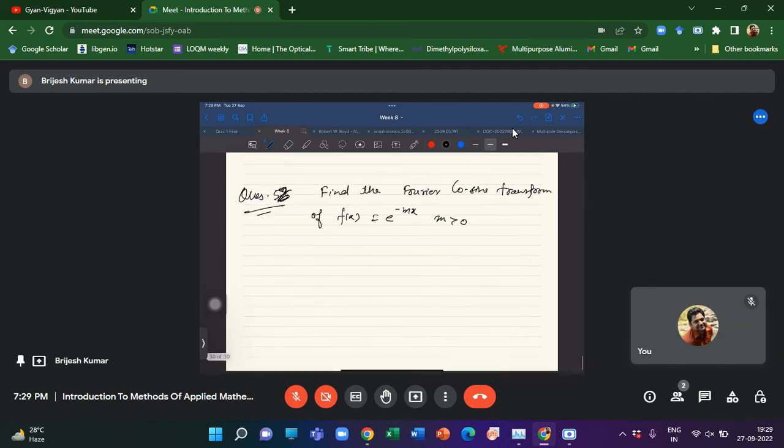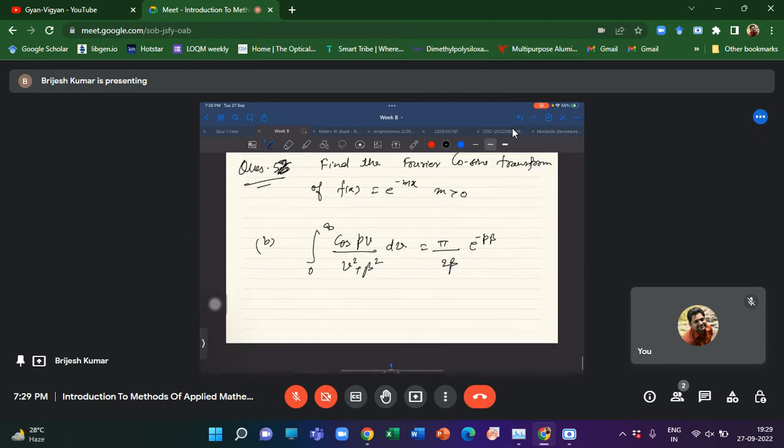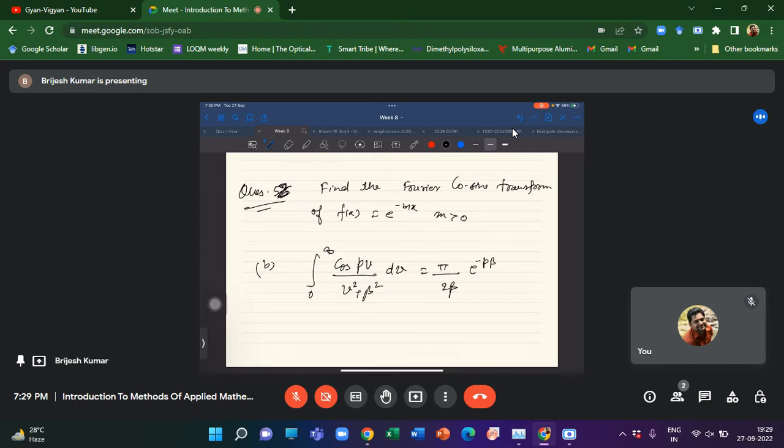And by using this result, we have to find the integral from 0 to infinity of cos p v upon v square plus beta square dv, equal to pi upon 2 beta e to the power minus p beta. Okay, so this is our question.